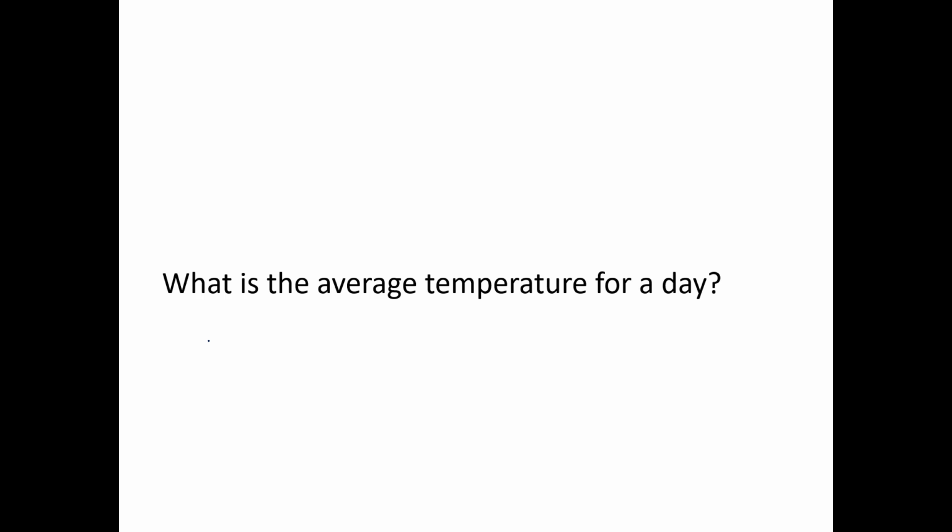Well, you could take a temperature reading for every hour, and then add up those temperature readings and divide by 24, the number of hours. If you wanted to do a better job, you might take a temperature reading every minute and then divide by the number of minutes. If you wanted to do even better, you could take a temperature reading every second, right?